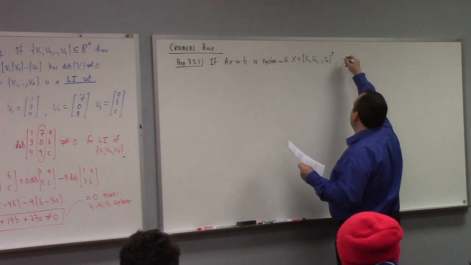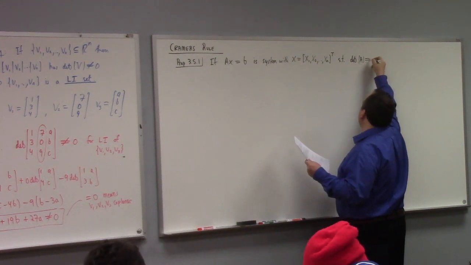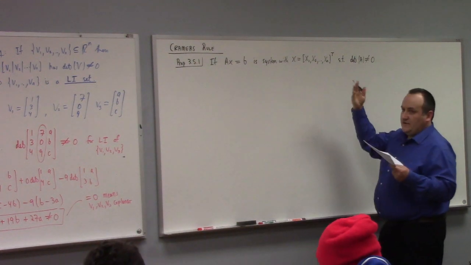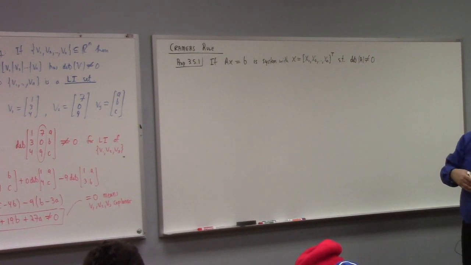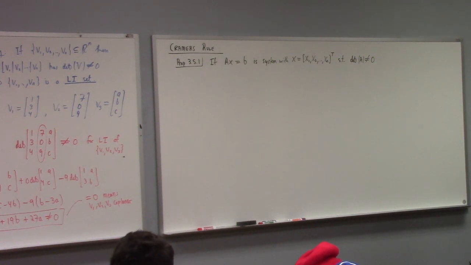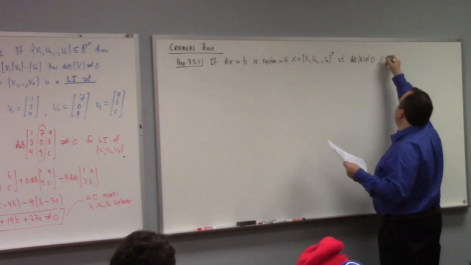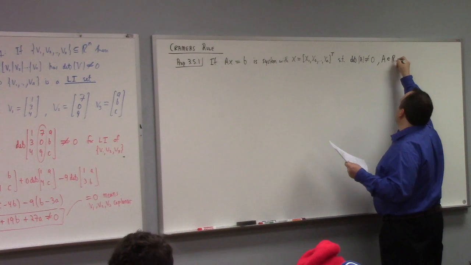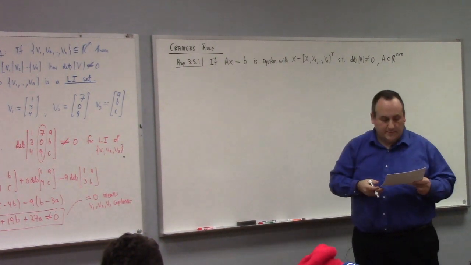If the determinant of A is not equal to 0, in other words, if you've got a system of n equations and n unknowns, I also have here A is an element of R n by n, but if I talk about the determinant of A, then I'm assuming that A is n by n.